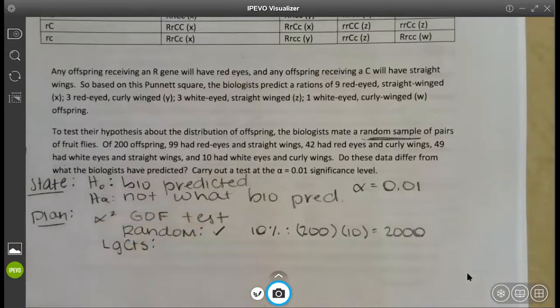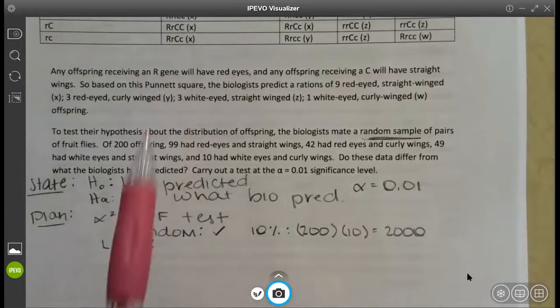And what do we have to do here? What's your percentage?